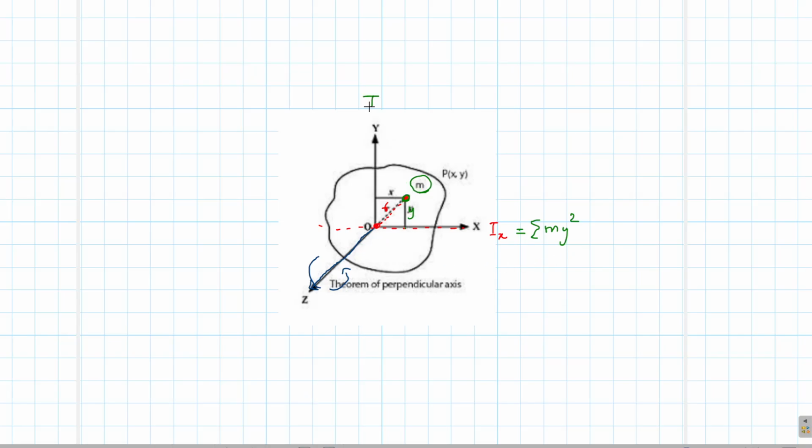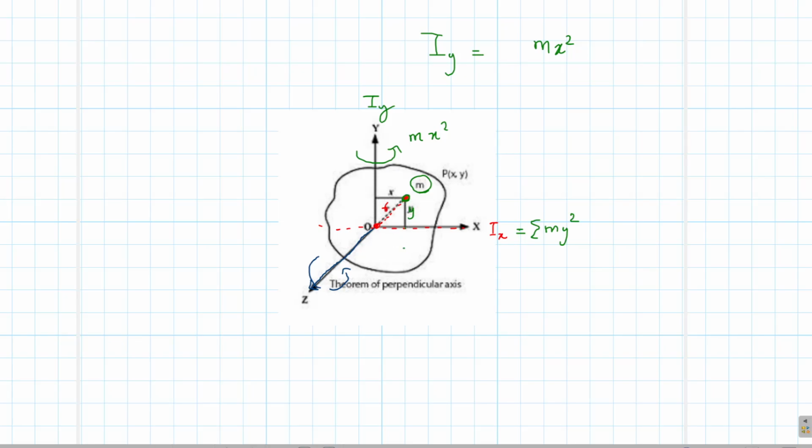Now similarly, what will be Iy? If you are rotating the body about the y-axis, this point will be executing circular motion about the y-axis. In that case, the moment of inertia will be mass into x square. X is the perpendicular distance from this axis to this particular particle. So I can write Iy is equal to mx square.